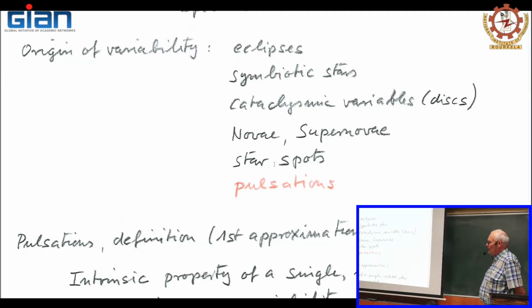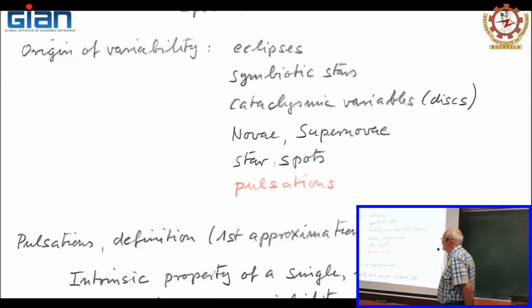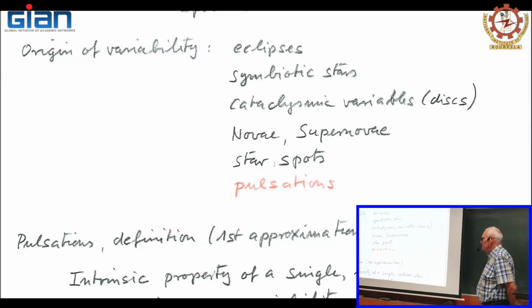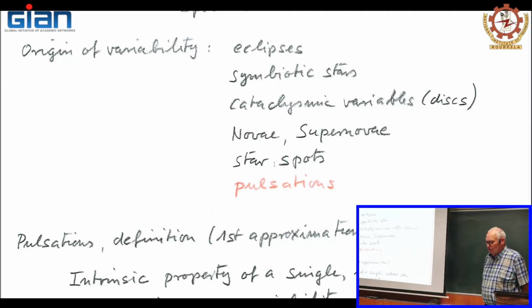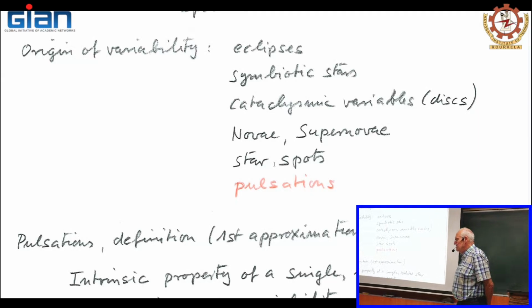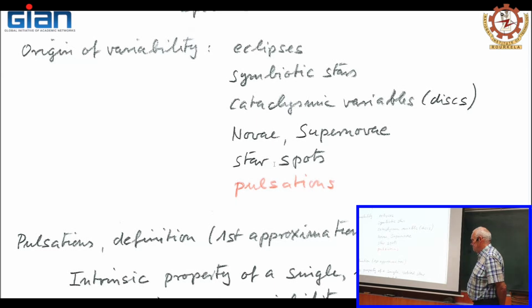So we may arrive then to exclude all these other origins of stellar variability. We arrive at a definition of what we mean by stellar pulsations. Of course, this is only a first approximation and needs to be refined in the course of this lecture series.